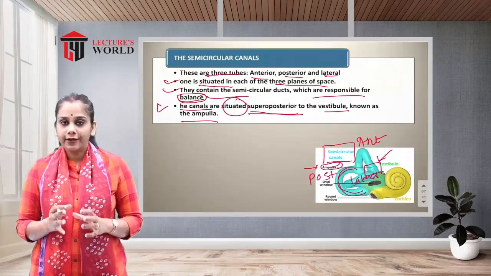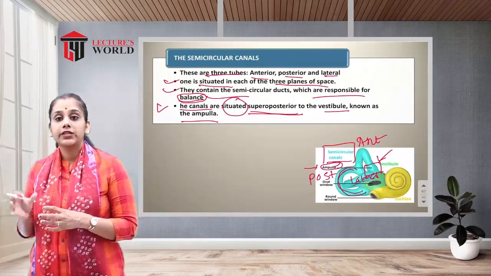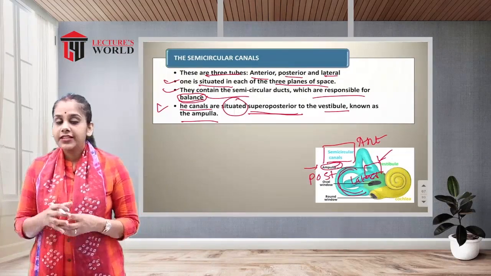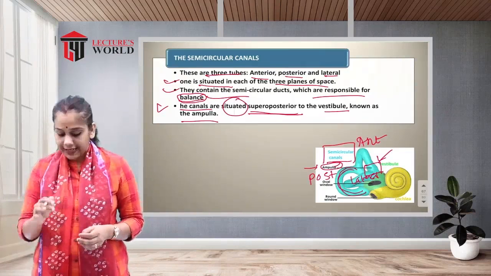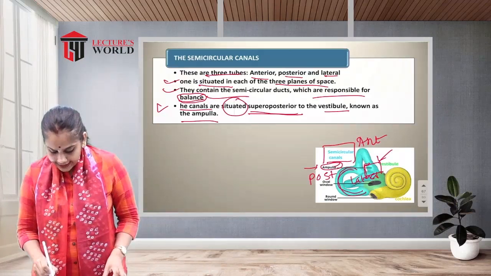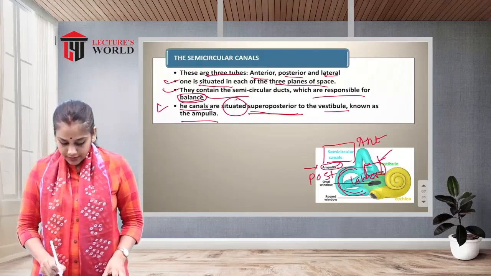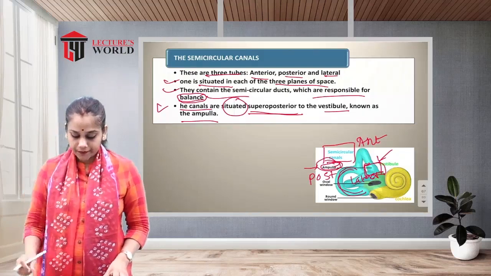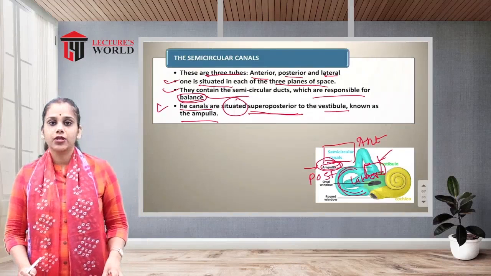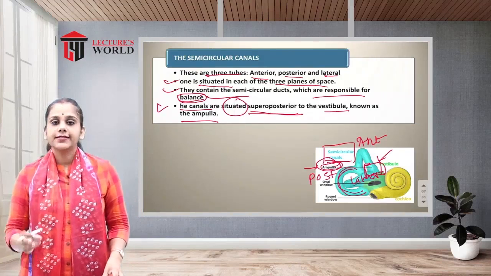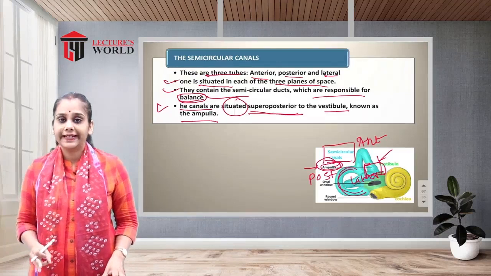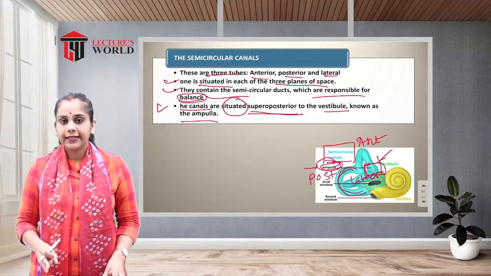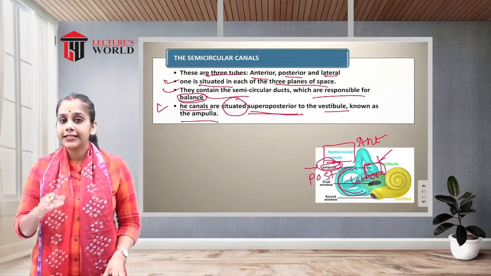The semicircular canal is attached to the vestibule with the help of the ampulla, a swollen area. So these are the three semicircular canals, very useful for maintaining balance, and located in each plane.